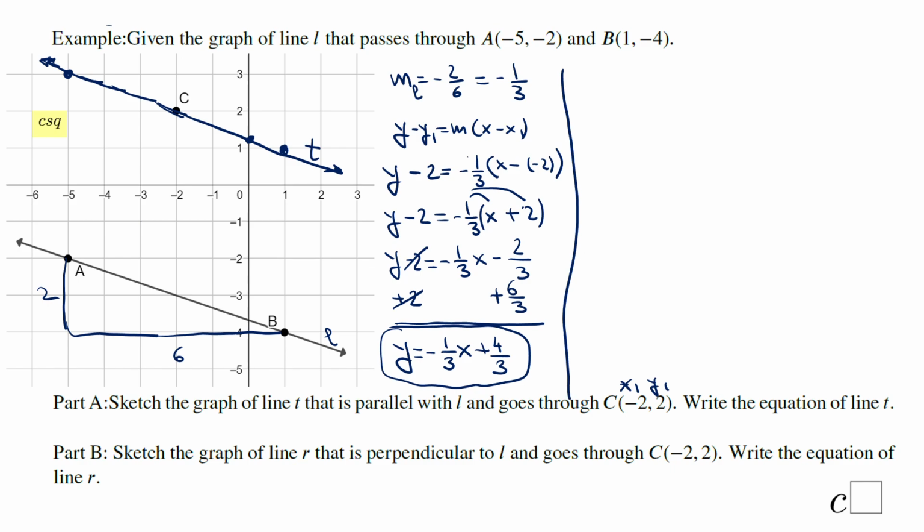The second part is to write the equation of the perpendicular line. So one more time, the slope of line L is negative 1/3. How much is the slope of the perpendicular line? If you remember, we flip it, negative 3/1, we change the sign, that would be 3.